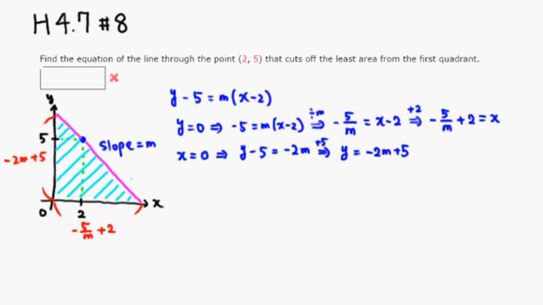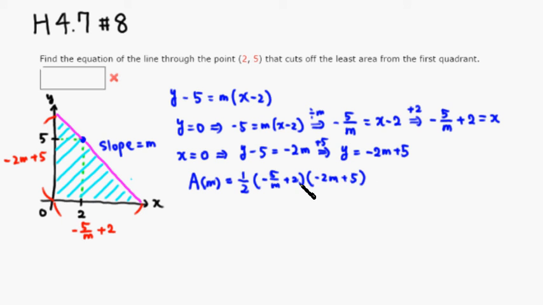So the area function, area in terms of the slope m, is going to be 1/2 times base, negative 5 over m plus 2, times height, which is negative 2m plus 5.